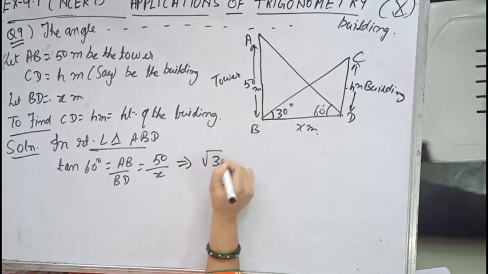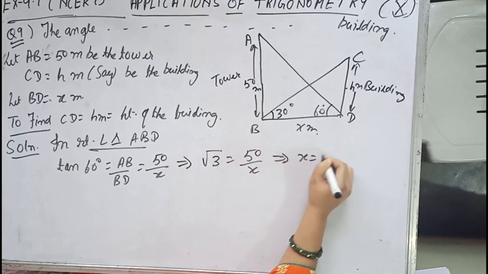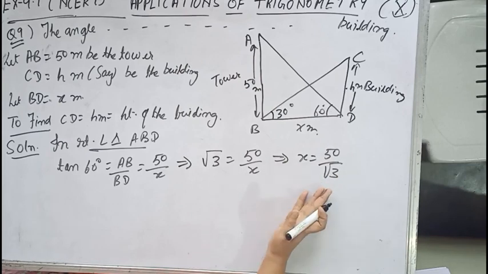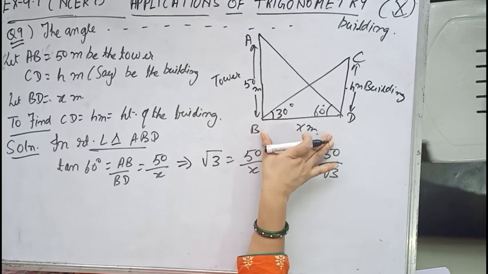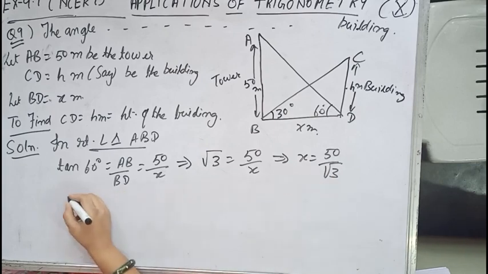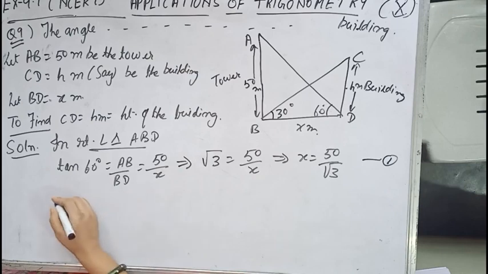This implies root 3 equals to 50 by x, implies x equals to 50 by root 3. I am leaving it over here because the value of x is not asked. If value of x is asked, then I will convert this surd which is in the denominator to a rational form. If needed to change, I will be changing afterwards.